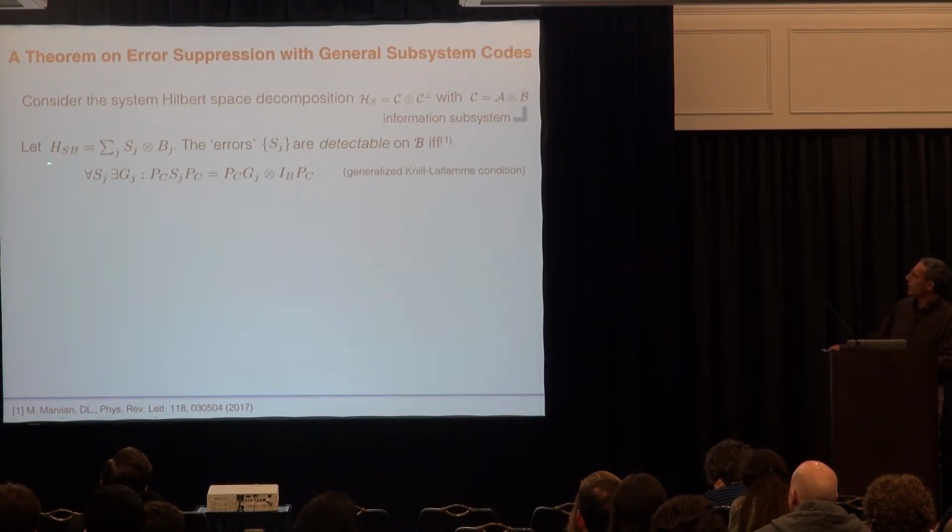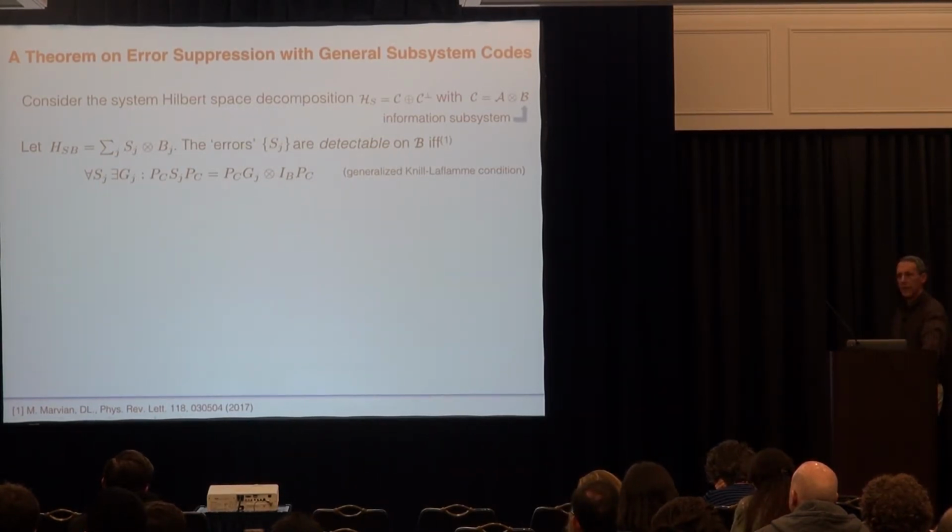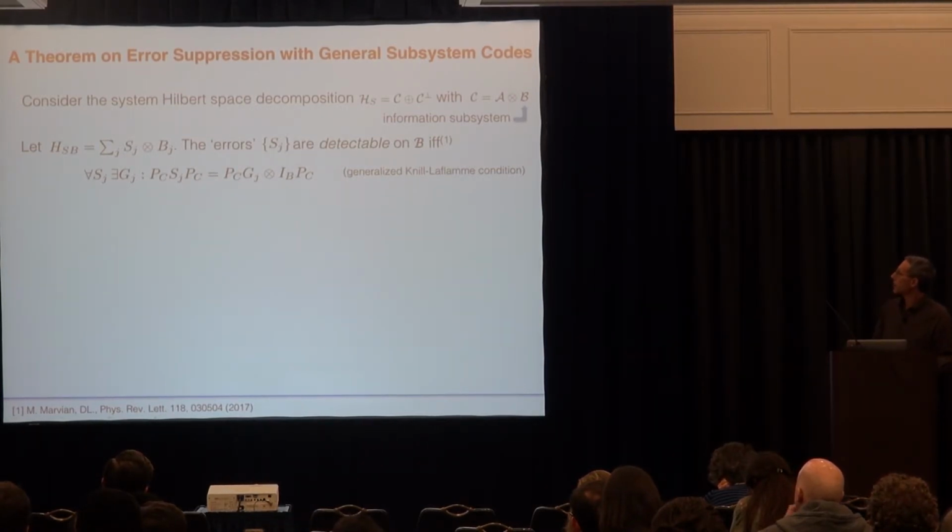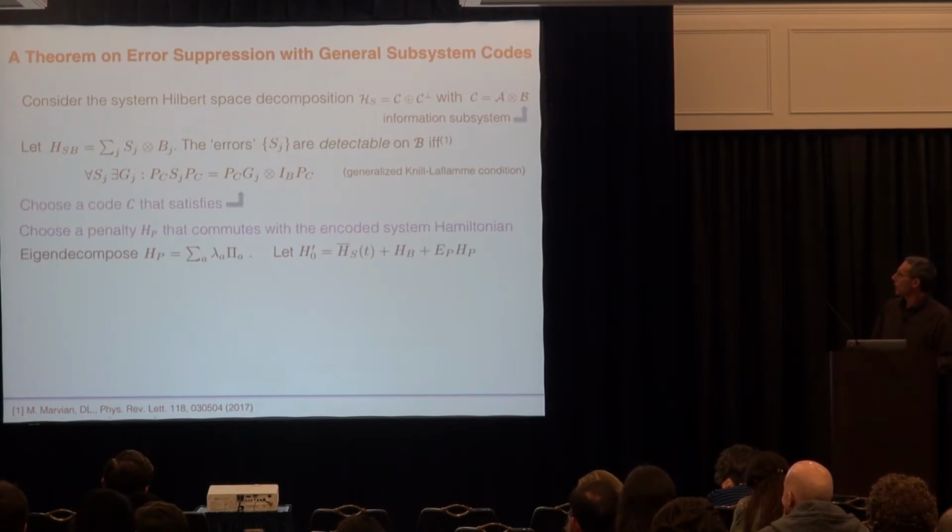And it says that for every error, there should be some operator G such that the projected error has trivial action, identity, on the information subsystem. That's the error detection condition for subsystem codes.